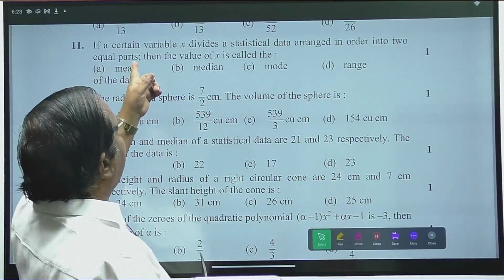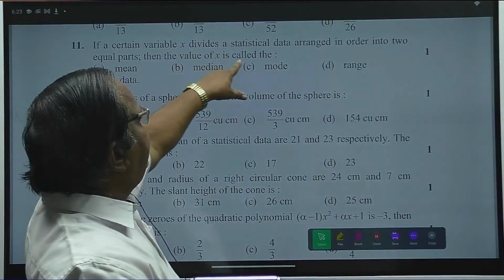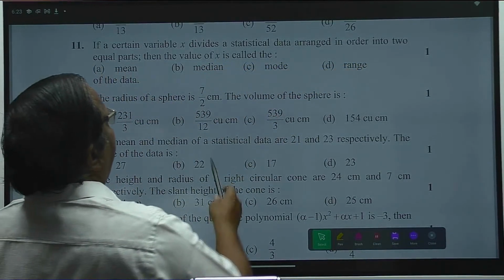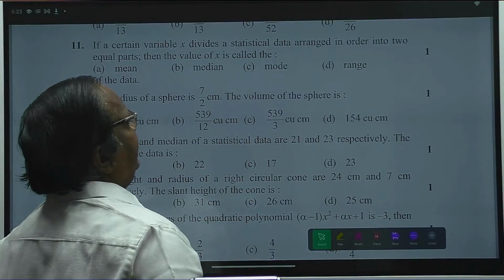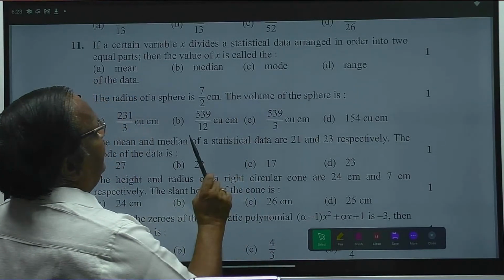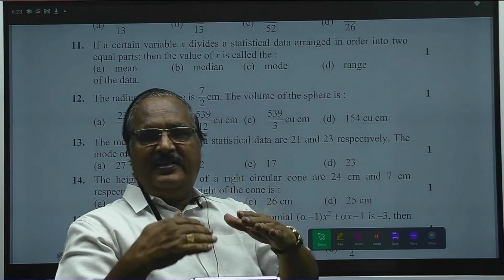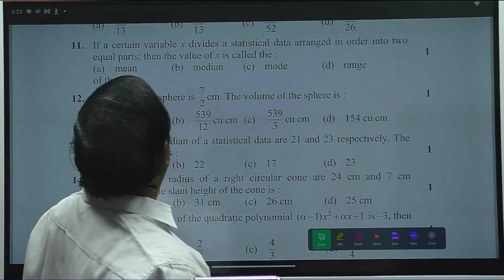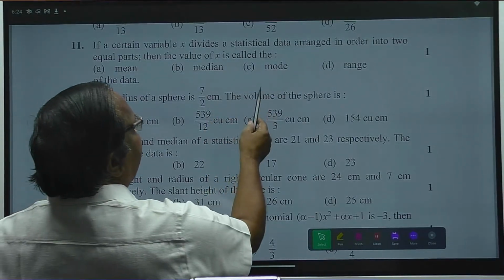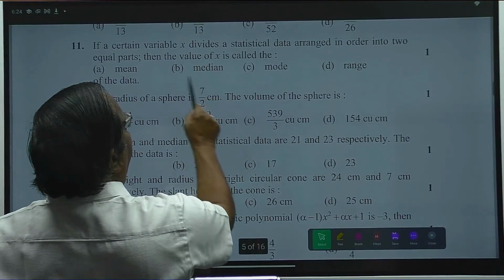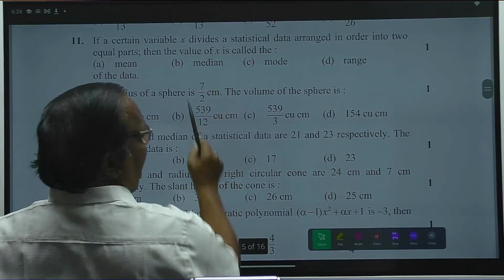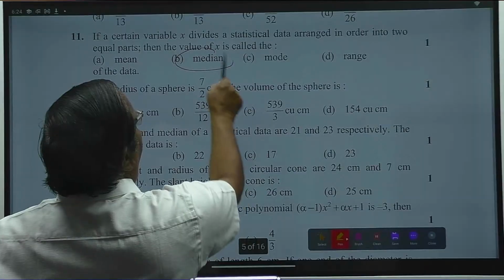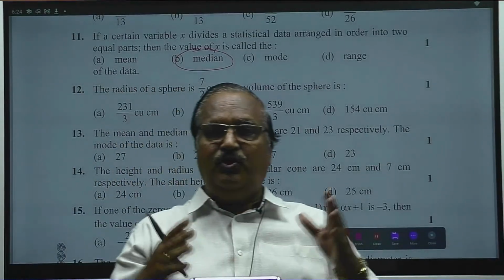In a certain variable x, the statistical data is divided in the order into 2 equal parts. Then the value of x is called dash. So if data is arranged and divided into 2 equal parts, then the value of x is definitely the median, because in the median only we take the data into 2 equal parts.